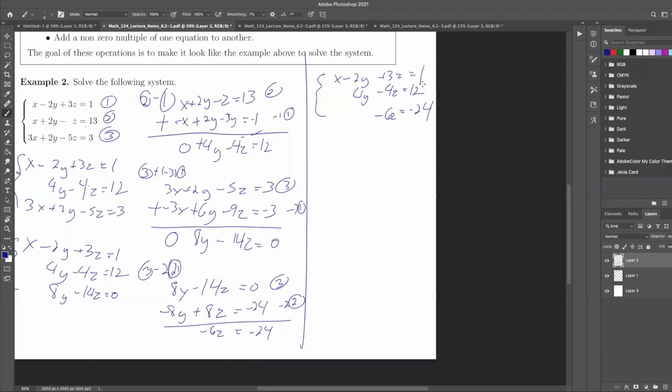The first time you changed the set, you wrote in x minus 2y plus 3z equals 1. Hold on, let me see. First time you changed the set, you wrote in the first equation.